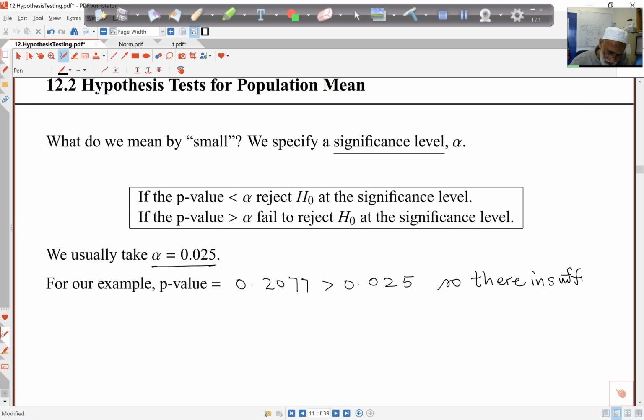Now in this case, the idea is that the actual mean we observed is less than 3.25. But that is not sufficient evidence in terms of p-values.